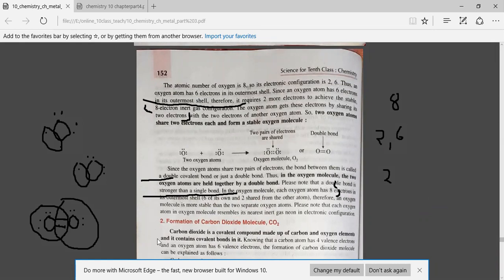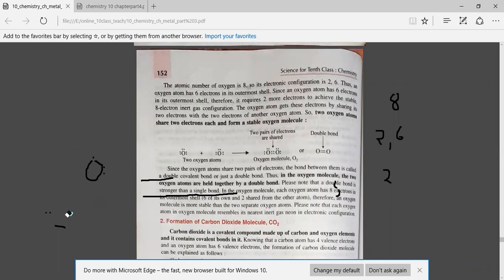So write this heading: the formation of carbon dioxide molecule. What is the atomic number of carbon?